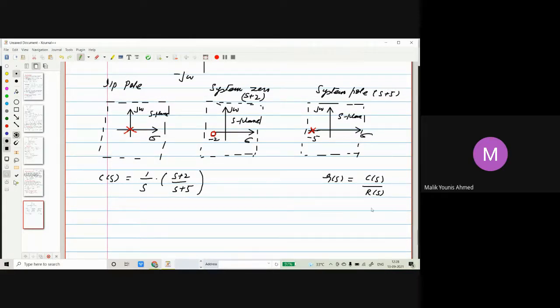We multiply the input and the transfer function to get the output.